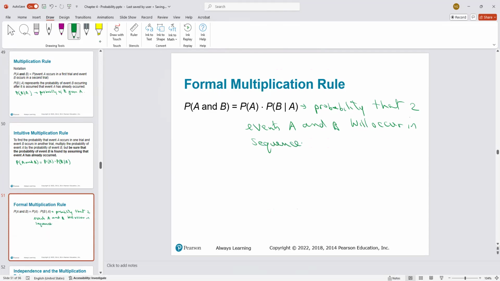Probability of A and B equals probability of A times probability of B given A. So you cannot multiply them if you're not certain that A has already occurred. So, all right.